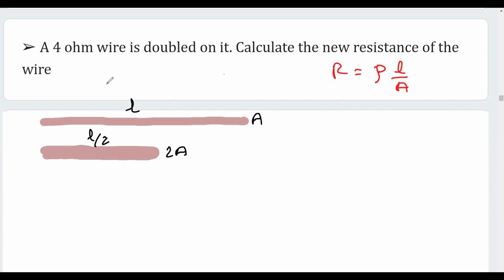Let's say the resistance of the original wire was given as 4 ohm, and the resistance of the new wire is what we have to get.